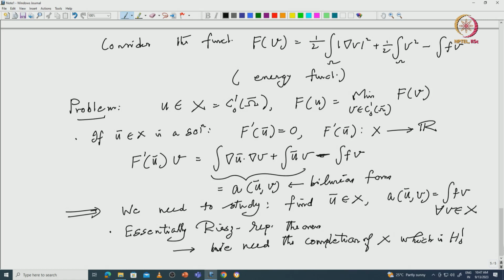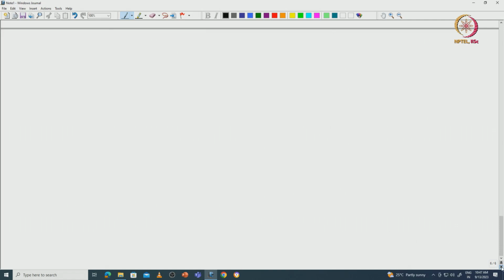So we have this for the Laplacian, which we will do for a general elliptic equation.